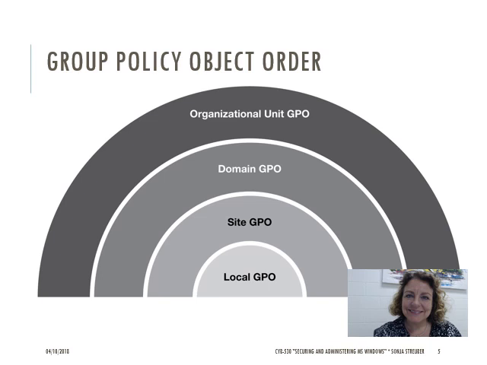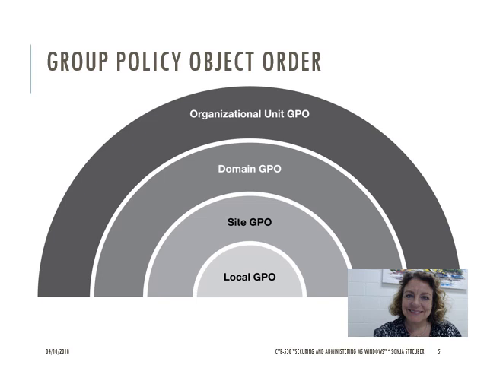First, it applies the local GPOs that are defined and stored on a local computer. Then it applies the site GPOs that are defined in Active Directory. After that, it applies the domain-wide GPOs that are defined in Active Directory, and then, lastly, the OU GPOs that are defined in Active Directory.